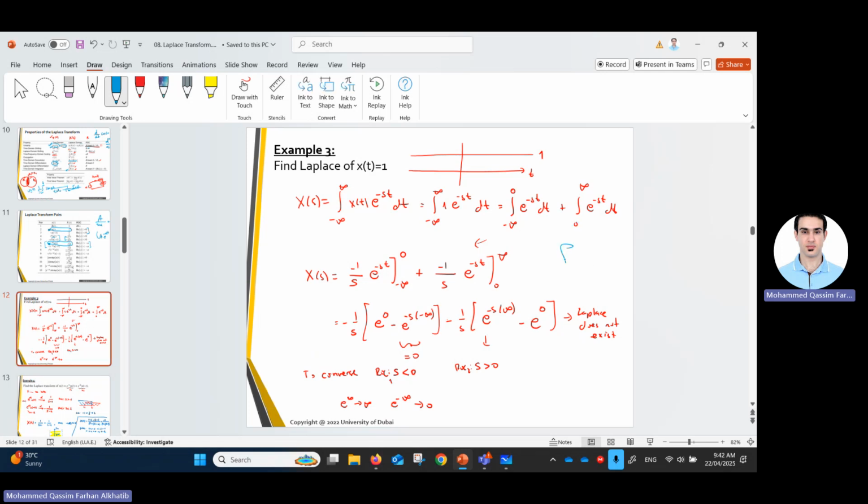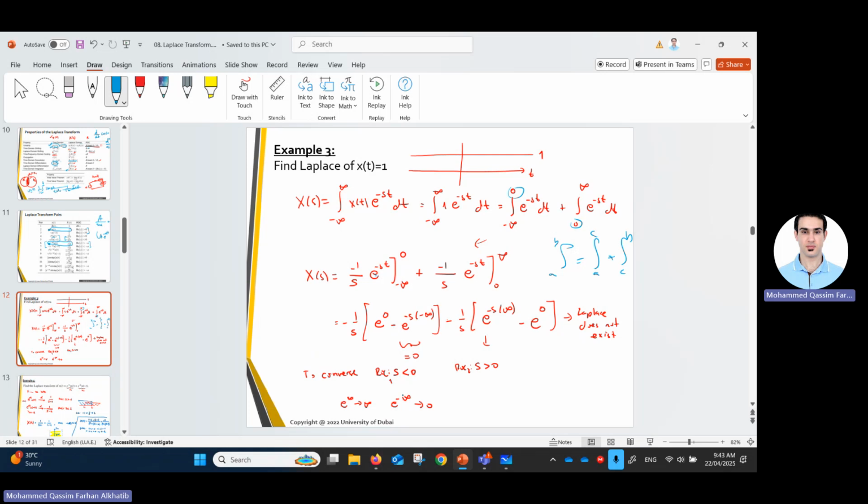You know, the integration from a to b equals integration from a to c plus integration from c to b. That's something you have done in calculus. So they separated the integration and found the transformation for each one of them with the region of convergence, and they realized that there is no intersection of the regions of convergence, so in this case it does not exist.